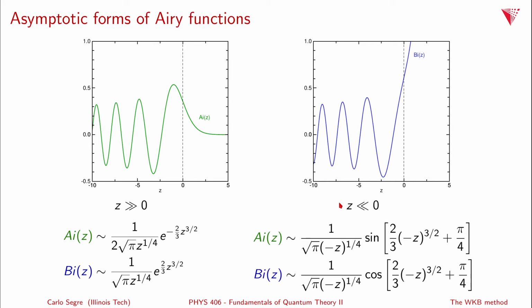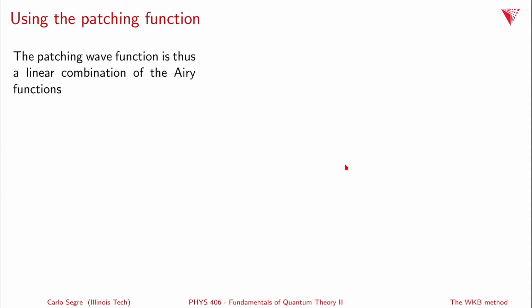And Bi is also going to be an oscillatory function, and as you might expect, it looks exactly like the Ai function, except it's a cosine instead of a sine. So you have 1 over square root of pi minus z to the 1/4, cosine of 2/3 minus z to the 3/2 plus pi over 4. And that makes sense too. They're out of phase by 90 degrees.